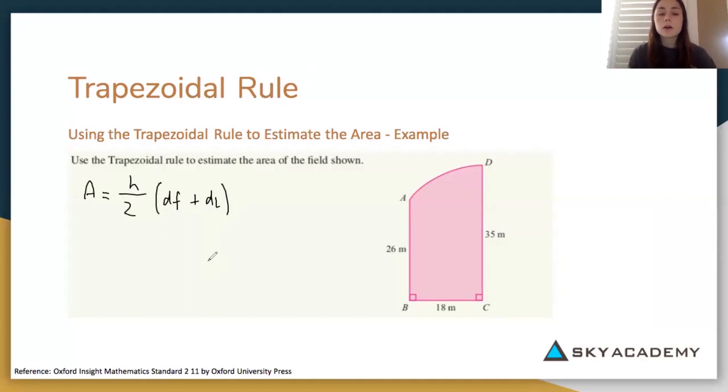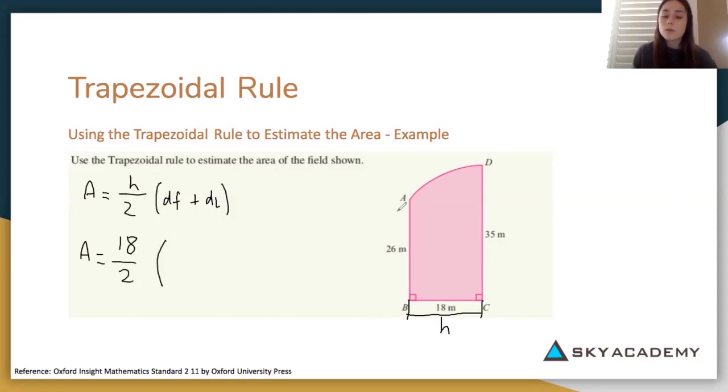So now we've got the trapezoidal rule formula, we can sub in what we do know and solve for what we don't know. So our area is going to equal h on 2. We know that the base, or the distance between the two long parallel sides, is our h. So our h is 18 on 2.